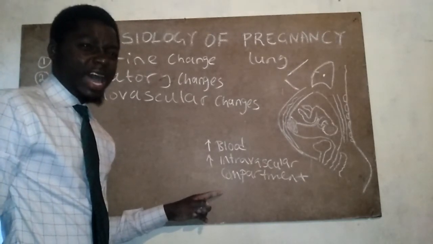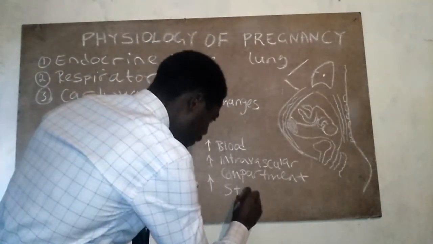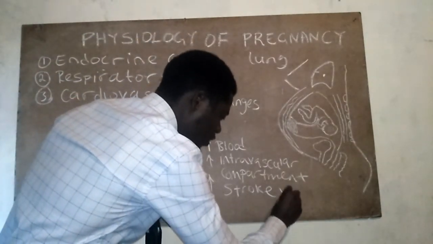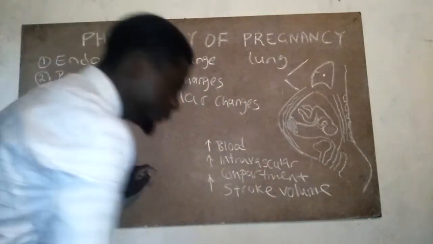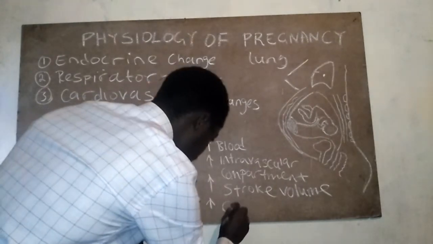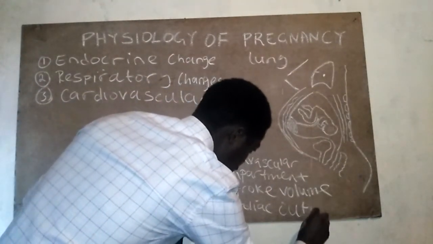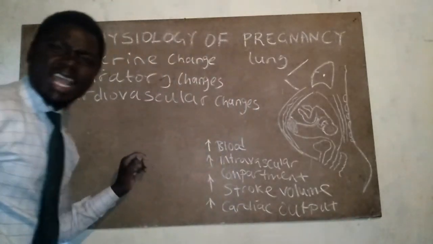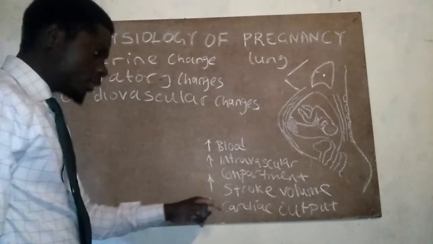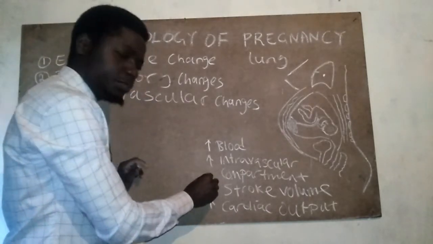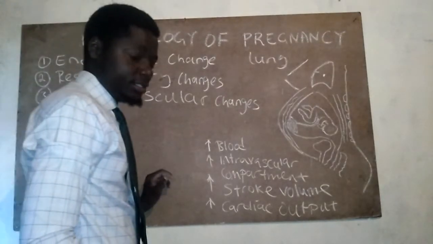And when we have a high stroke volume, that simply means we are going to have a large cardiac output, because cardiac output equals heart rate times stroke volume. The heart rate being the rate at which the heart is pumped as a result of this increased intravascular compartment.